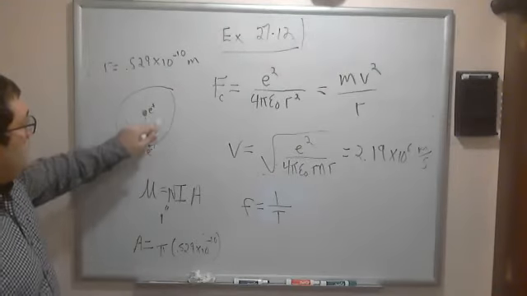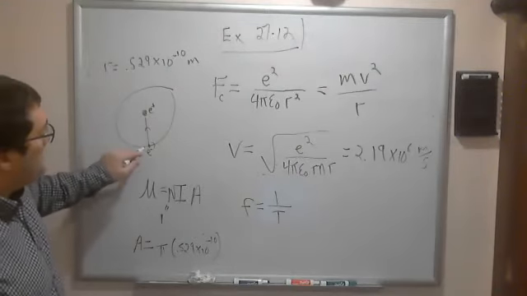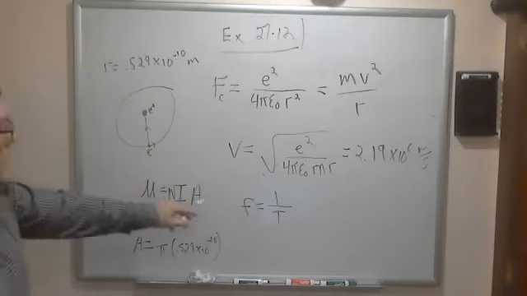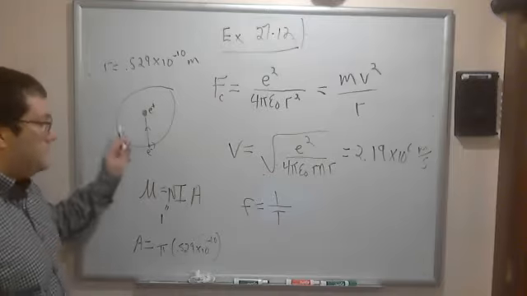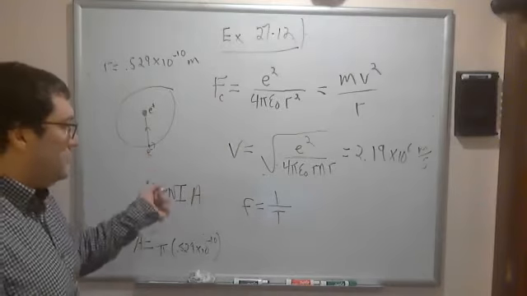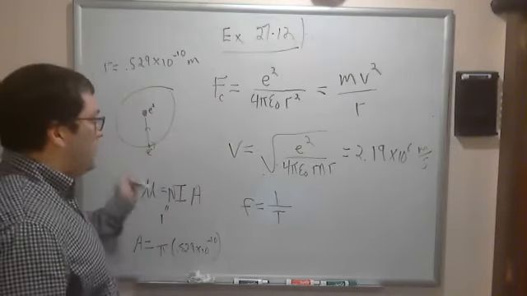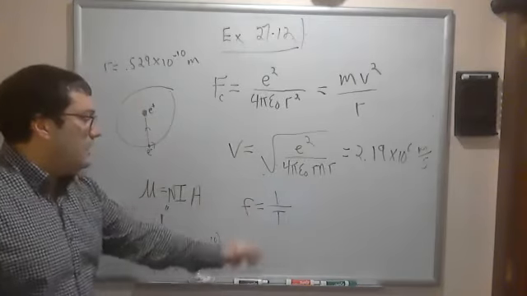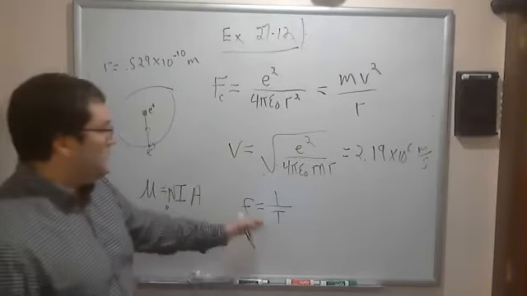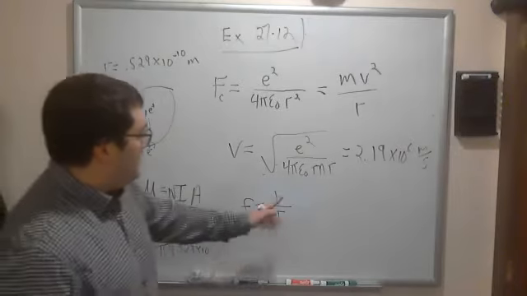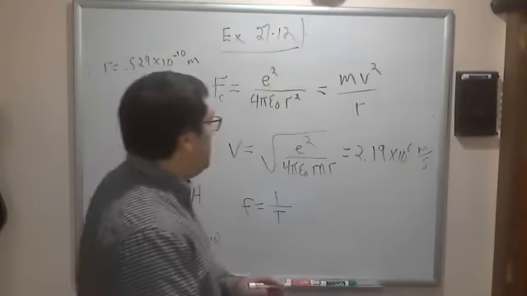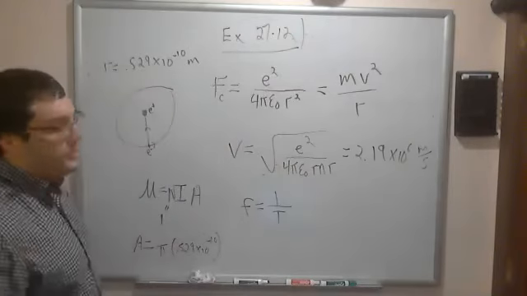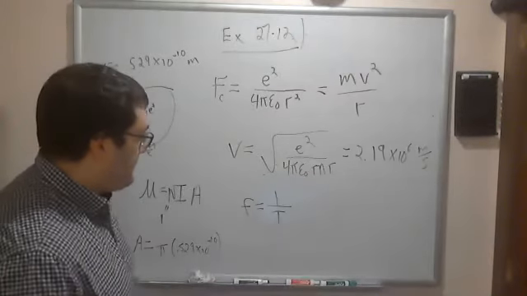So if we take the reciprocal of the period, we get the frequency, right? How long does it take it to rotate around here once? And then we could scale that up to the frequency by taking the reciprocal. So now we need the period. So how long does it take to travel around this circle, right?